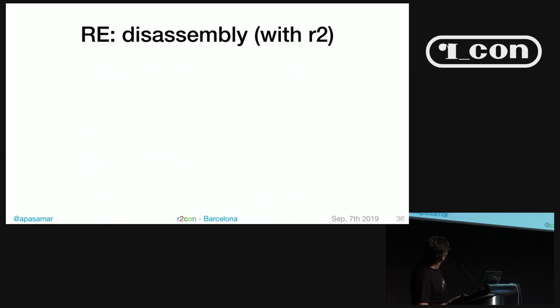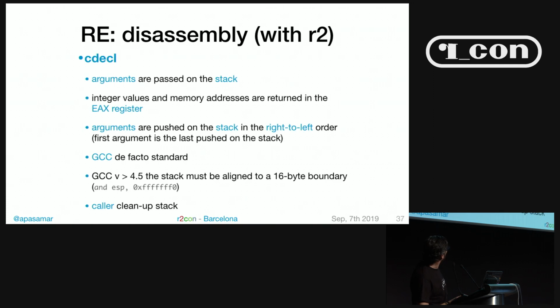This is the C declaration. Basically, arguments are passed on the stack in 32 bits, and the return value of each function is in the EAX register. This is important to follow after the demo. Arguments are pushed from right to left.